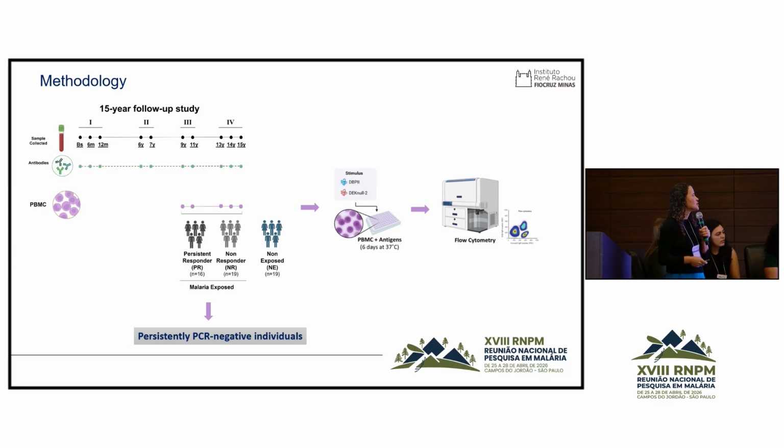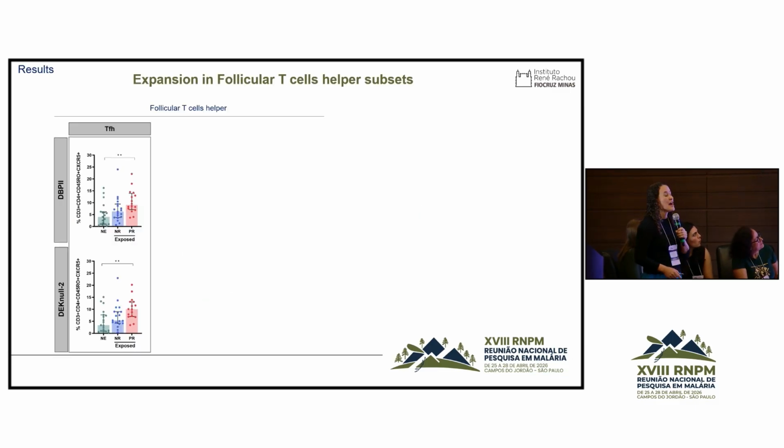What I'm going to show you is a part of our study at the end of our cohort, when the individuals had no detectable malaria, no parasitemia, they were negative in PCR, and PBMCs were stimulated in culture for 6 days and analyzed with flow cytometry.